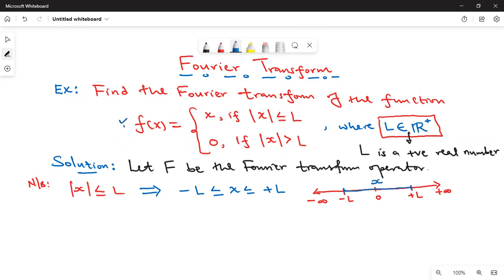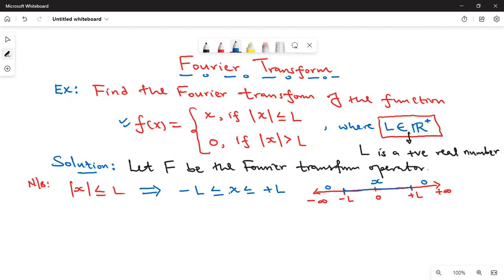So f of x is piecewise: it is x in the interval negative L to positive L, and it is 0 elsewhere. It is 0 from negative infinity to negative L, and also 0 from positive L to positive infinity. So our function can now be written in terms of those three intervals.